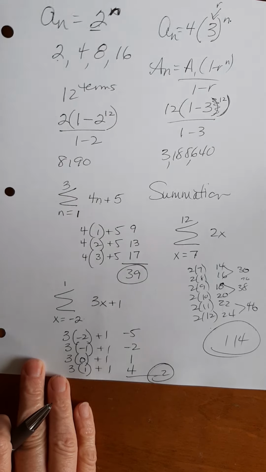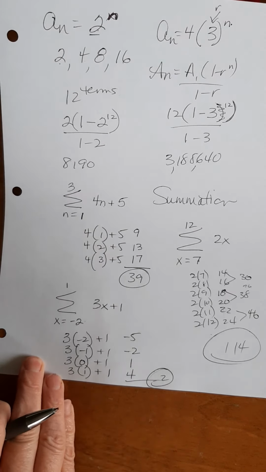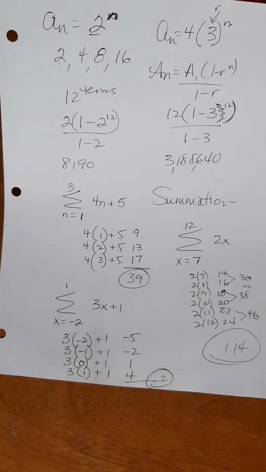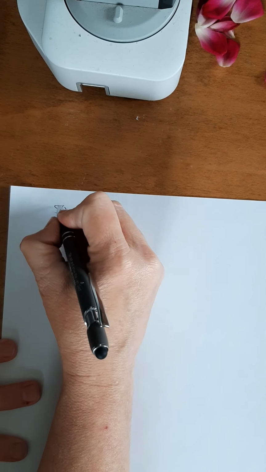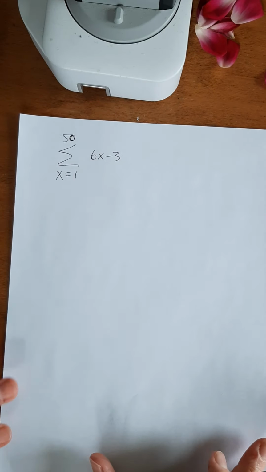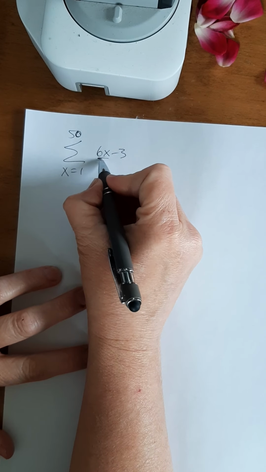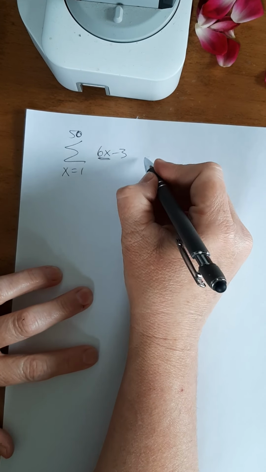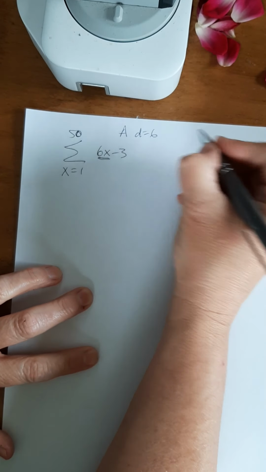Now you might be like, why are we doing this with summation notation? Well, that is because if they give you something, like for instance, summation of 1 to 50 of 6x minus 3, they obviously don't want you to go through 50 times. Remember, this is just an arithmetic sequence with a difference of 6.